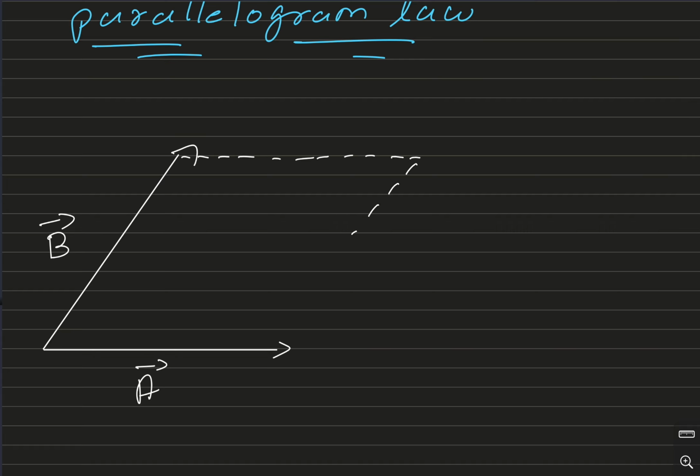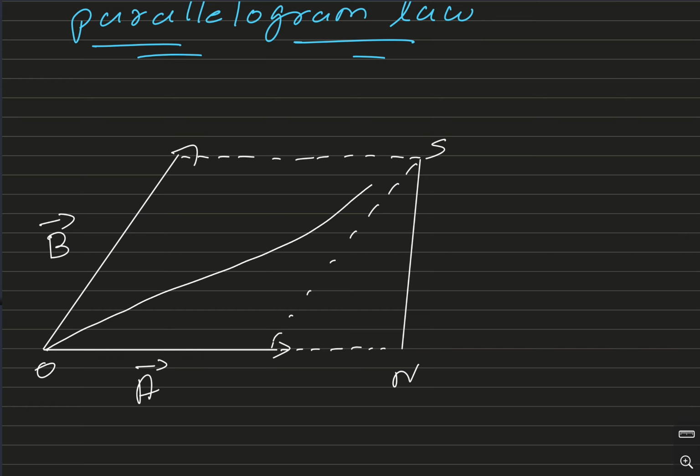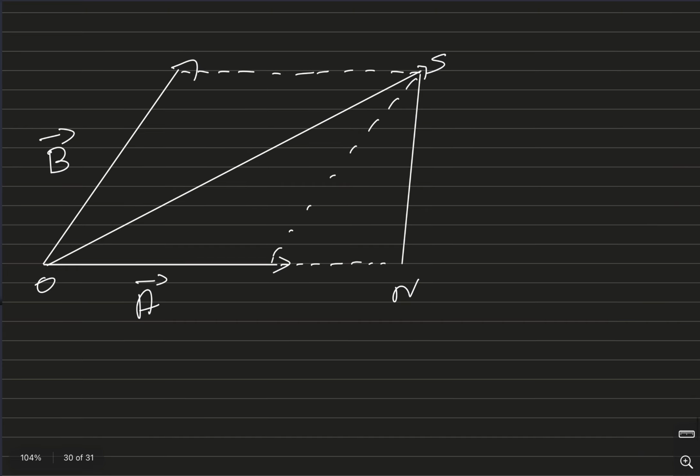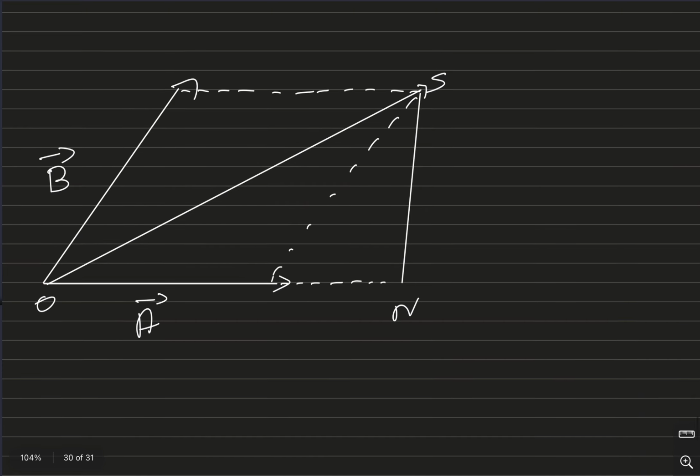Here we extend this line from this vertex to N, and OS is the resultant of these two vectors B and A. So here we have to find this resultant.